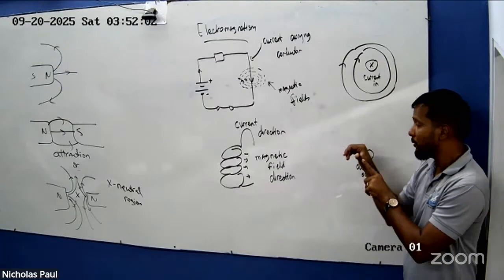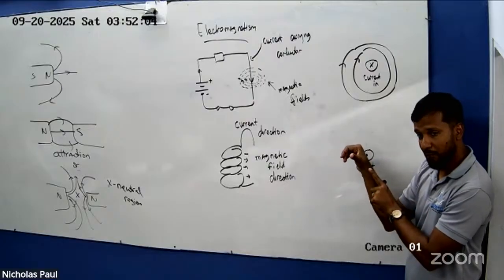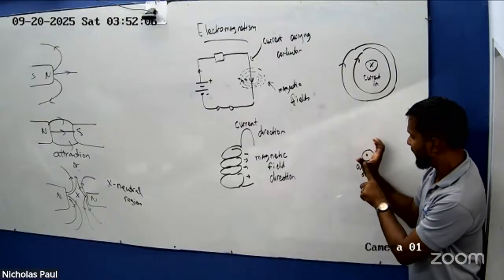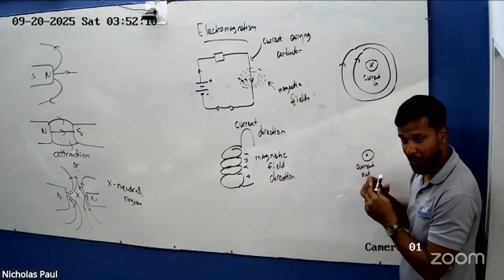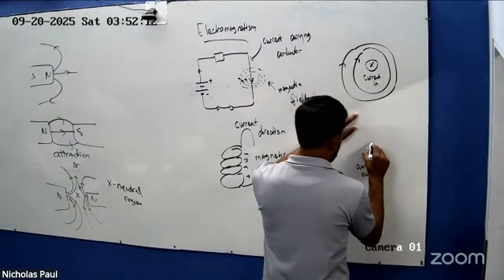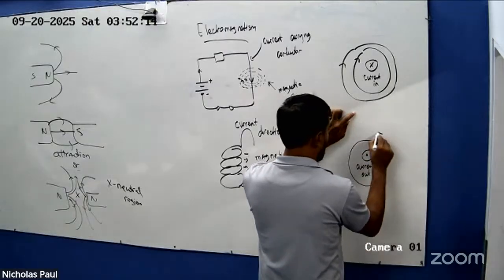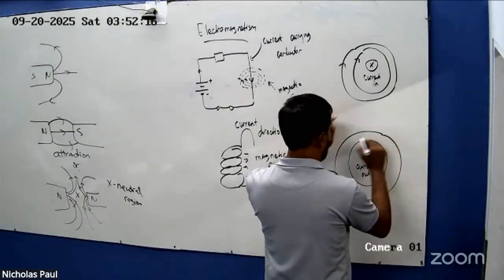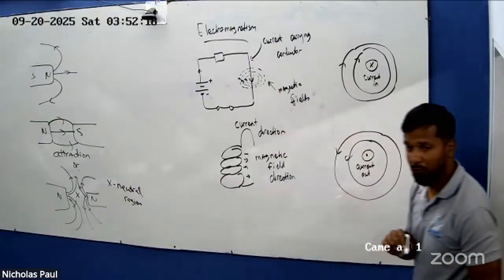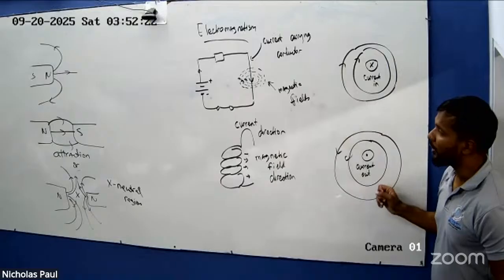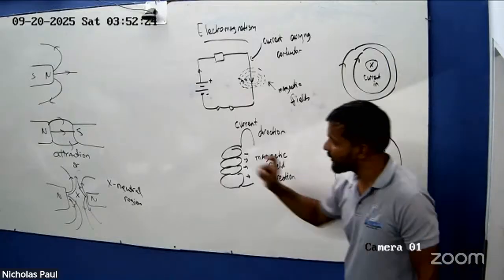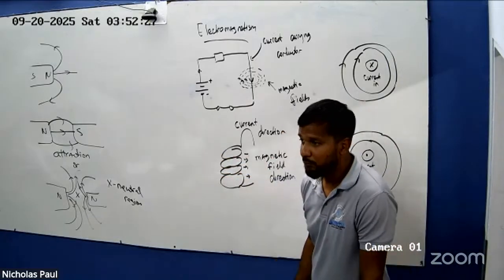Thumb pointing outwards, fingers pointing in an anti-clockwise direction, right? You okay with that? So now we're going to learn what will happen when I bring this together with that, in a little while.